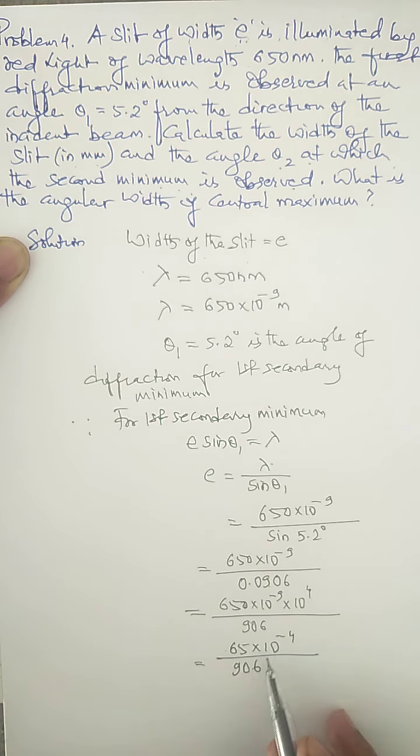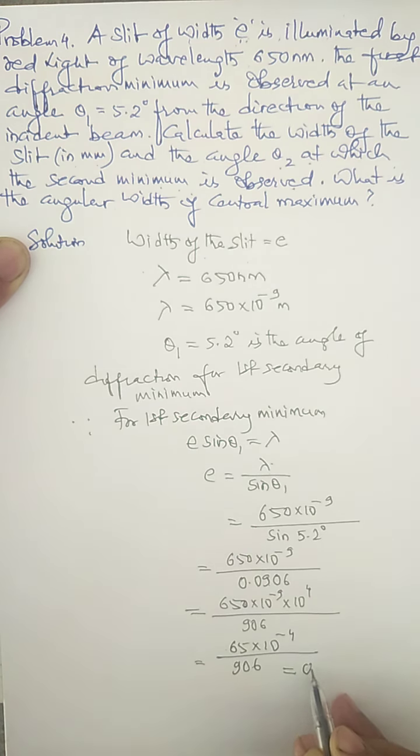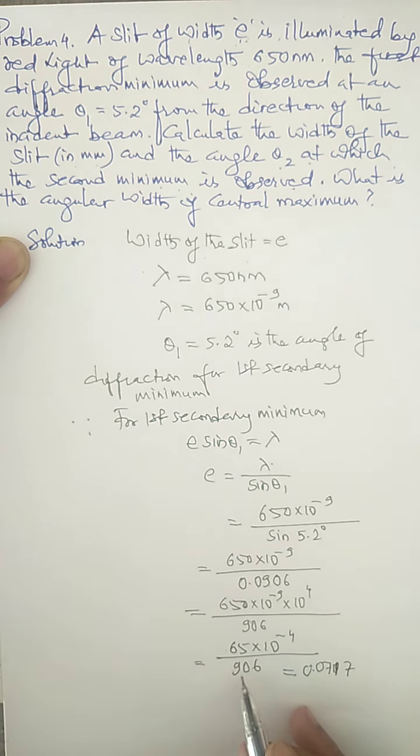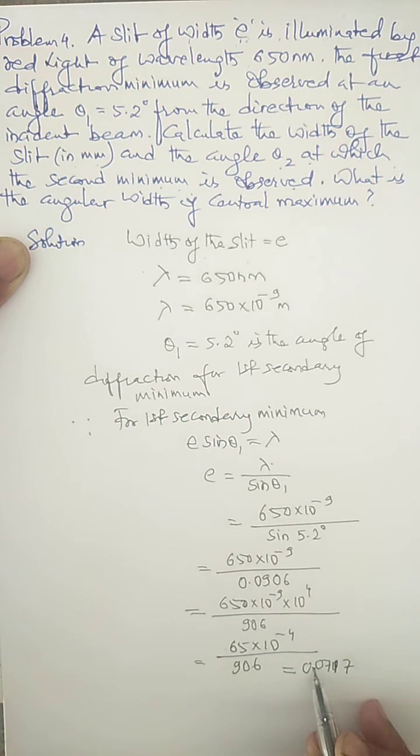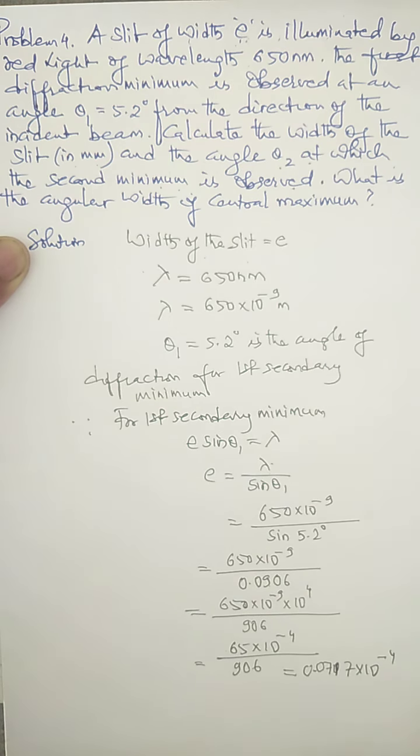Now 65 divided by 906, if you use calculator and divide, you get 0.0717, and into 10 to the power minus 4. So this division is 0.0717 and there is already 10 to the minus 4.